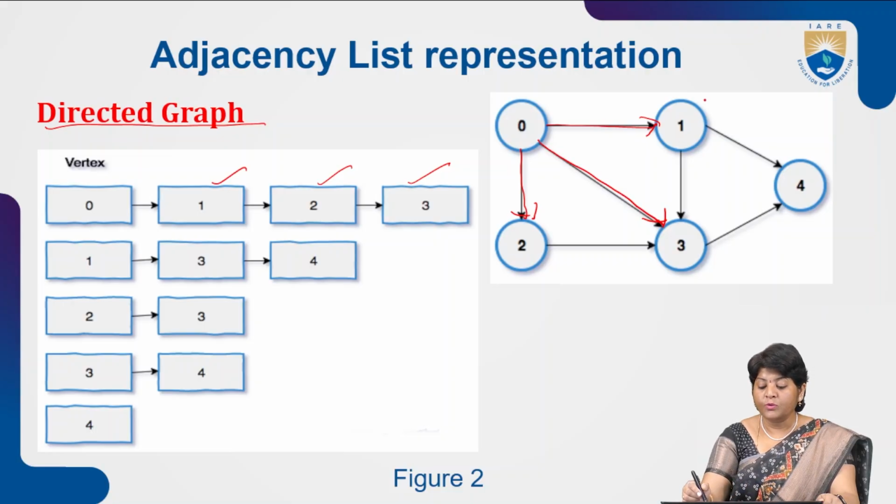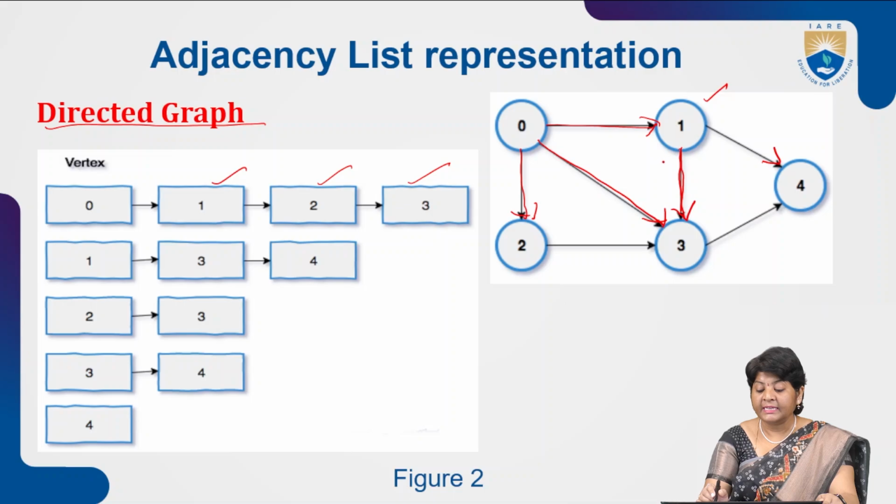When you come to vertex 1, the arrow mark projecting towards, or the edge connection is established between 1 and 3 because a direction is given from 1 to 3. And similarly, a direction is given from 1 to 4.